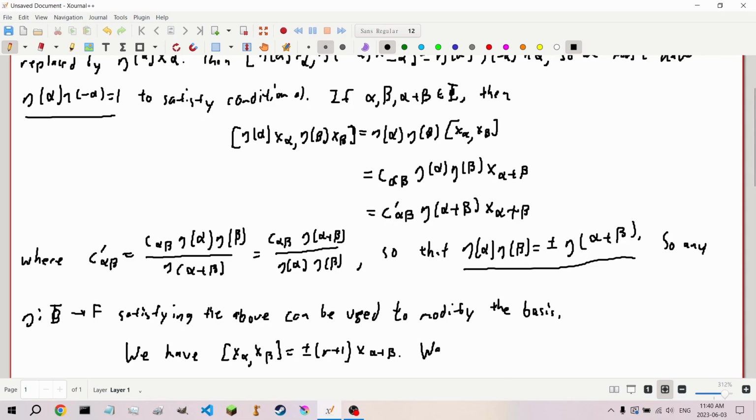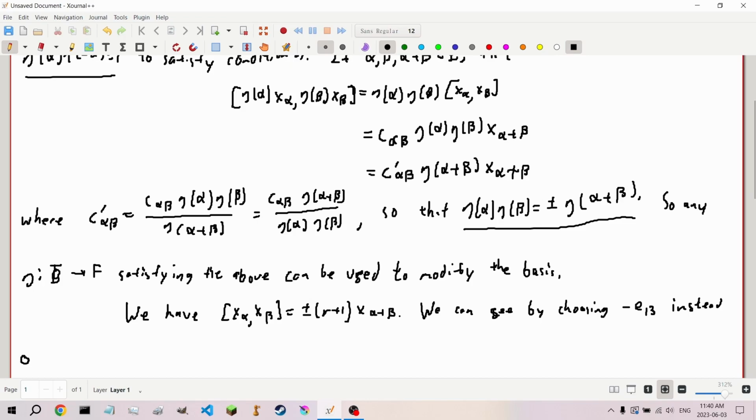We can see this by choosing, I'm going to call this the matrix with the 1 in position 1,3 and nowhere else, E13, the negative instead of the positive in a Chevalley basis of SL3(F). We can have either sign, I think.